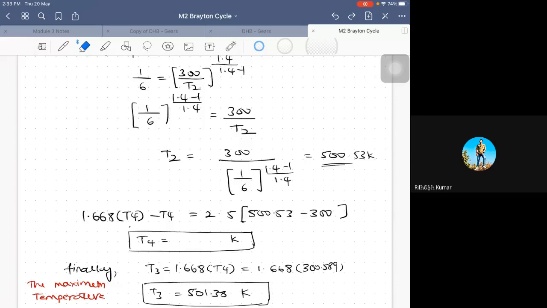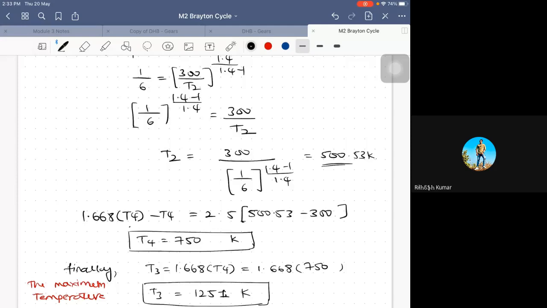Just one minute. Now tell me, what is the value of T4? 750 Kelvin. If I substitute 750 here, what is the value here? 1251.